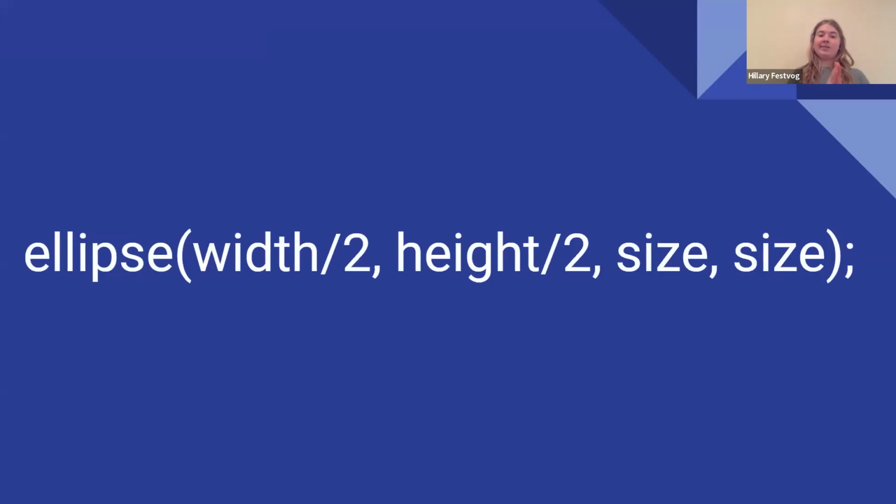You write ellipse, E-L-L-I-P-S-E, parenthesis, then x, comma, because the comma separates the numbers, then y, then the width and height. So say you wanted a width of 10 and a height of 10 because we're making a circle, you would put 10, 10 for the size.